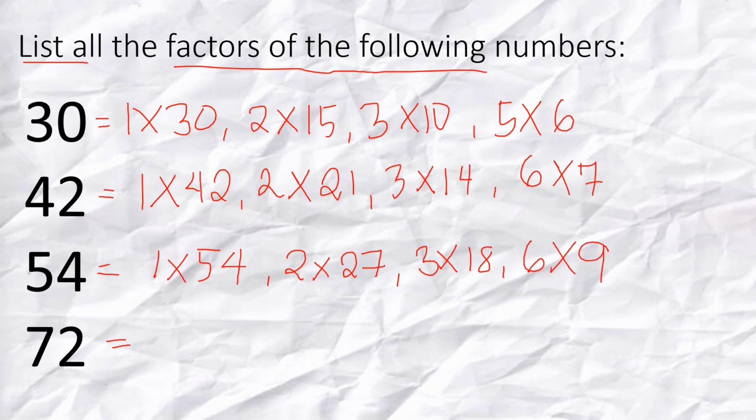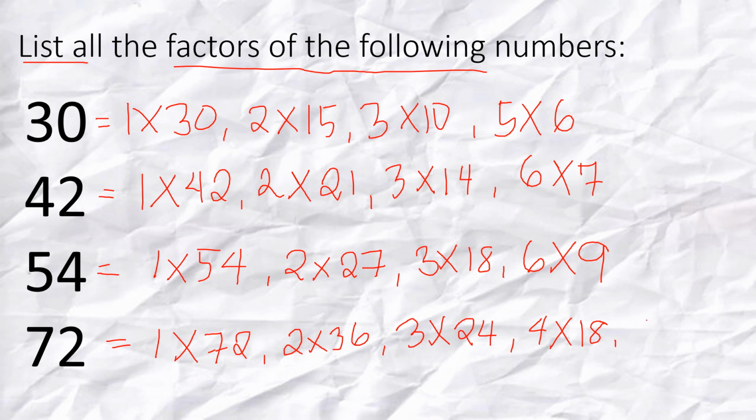Lastly, for number 72, the given factors are 1 times 72, 2 times 36, 3 times 24, 4 times 18, 6 times 12, and then lastly we have 8 times 9.